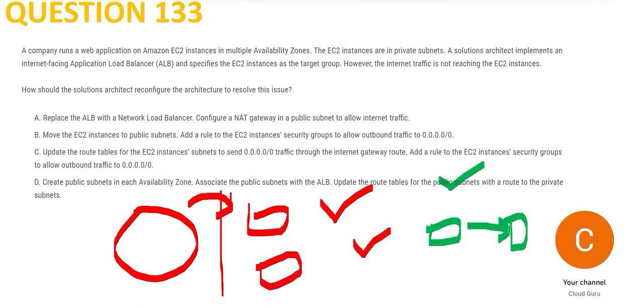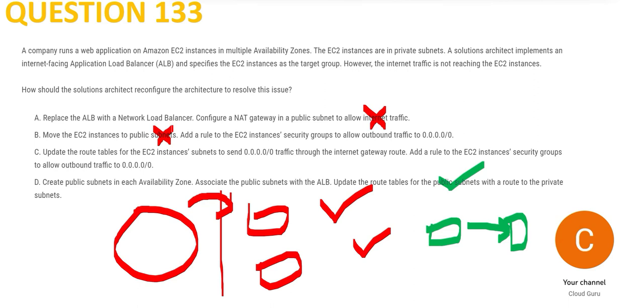Now, regarding the route tables, this is possible. The NATting alone will not work here. So A is wrong. And B is saying that boss, forget the private subnet, move to the public subnet. So that is also wrong. You have to maintain the privacy, so you cannot tell them to come to the public subnet.